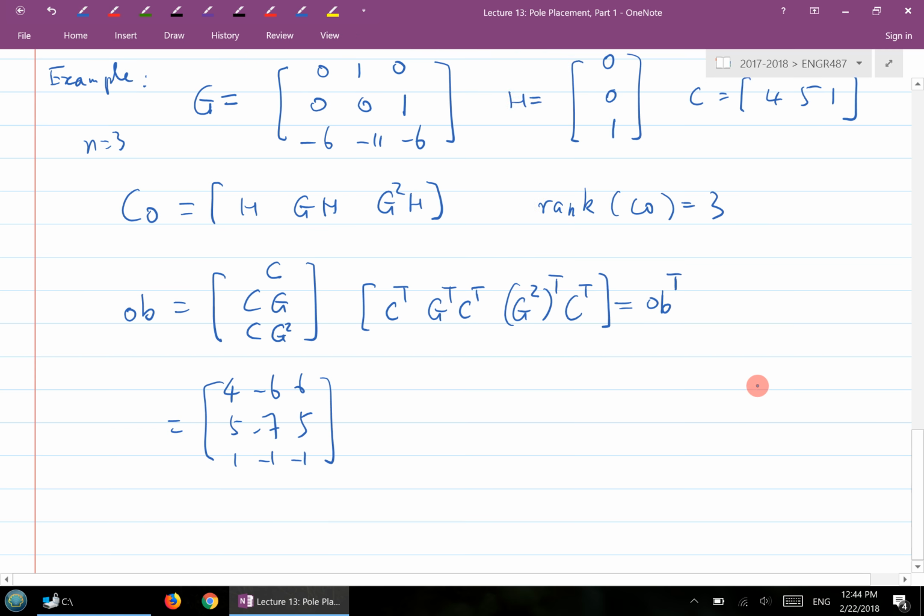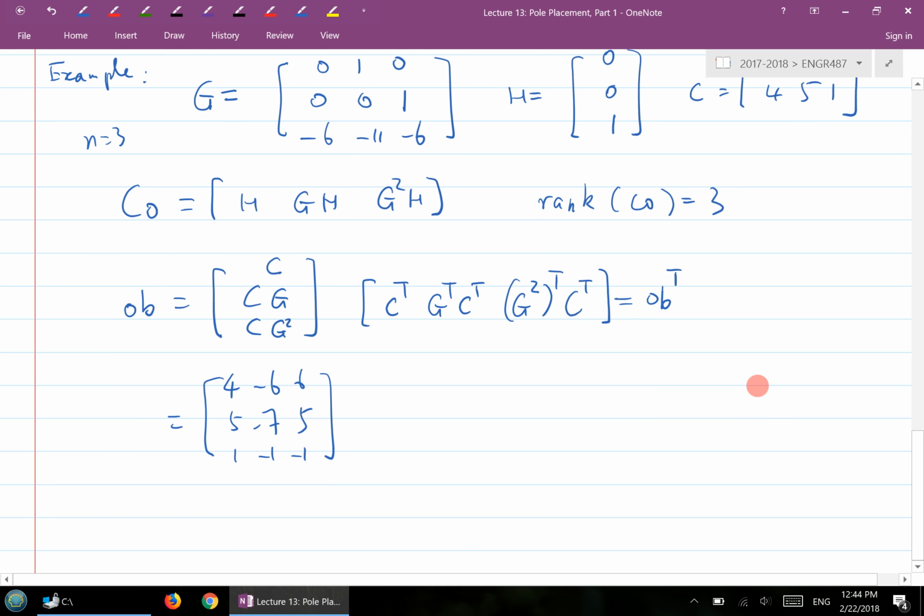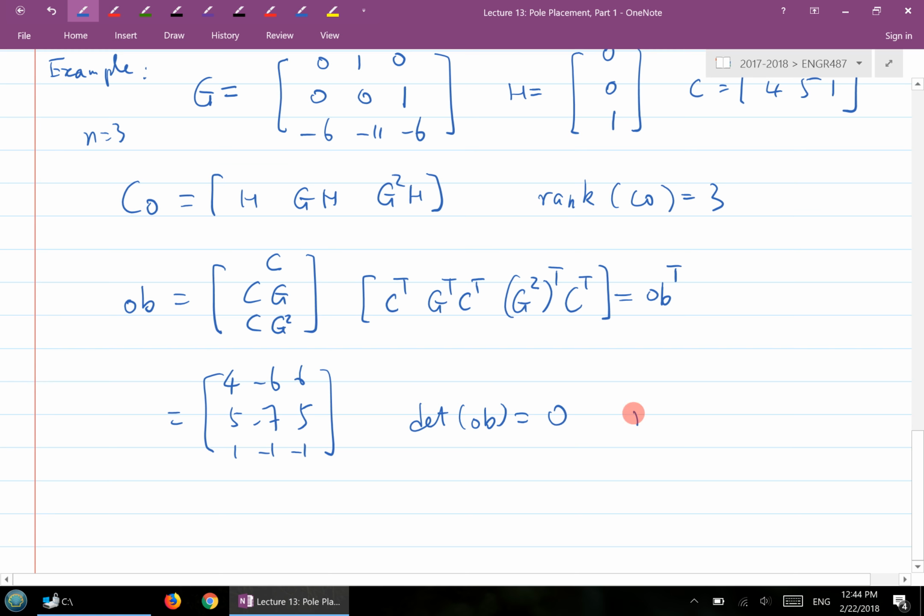Now you can use MATLAB to help you calculate the determinant of this matrix, and you'll find that the determinant is equal to 0. If the determinant equals 0, that basically means the rank of this OB is not 3.